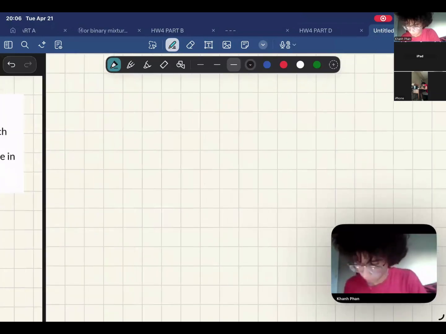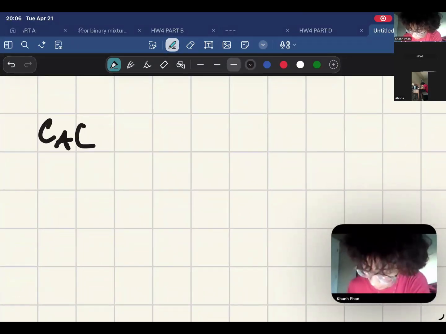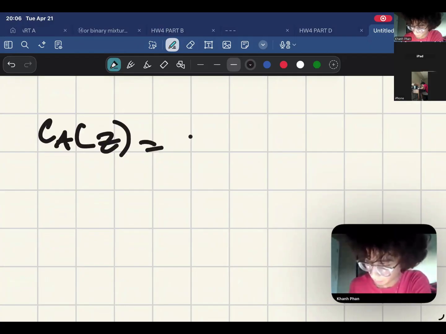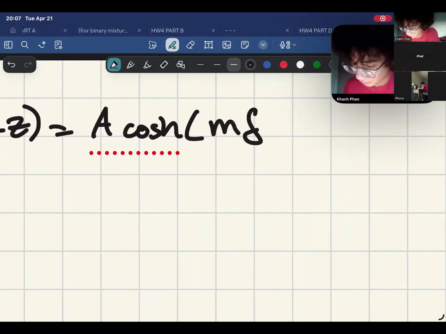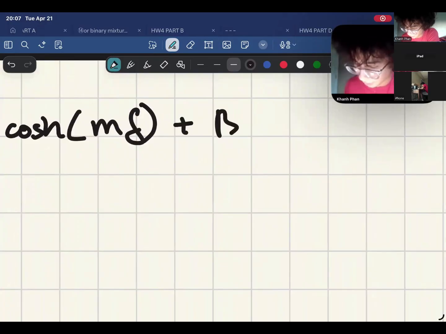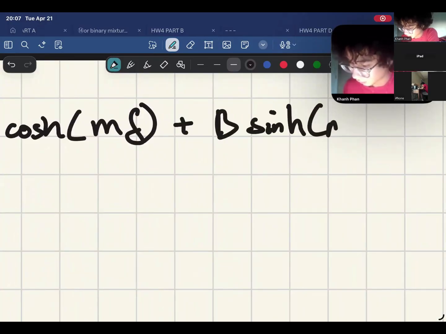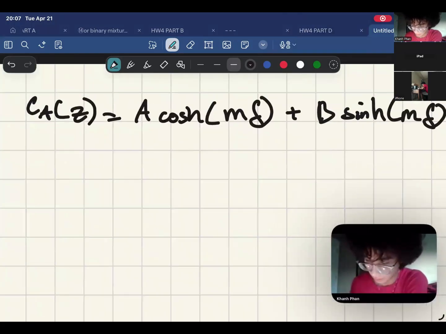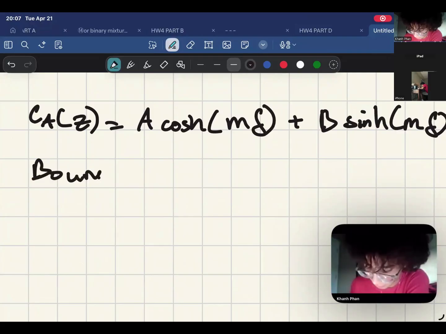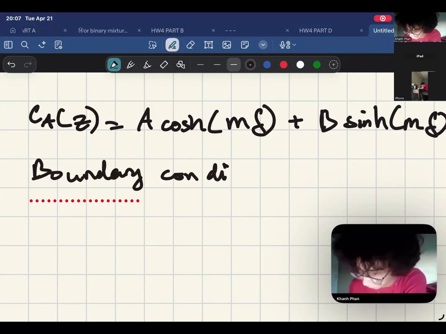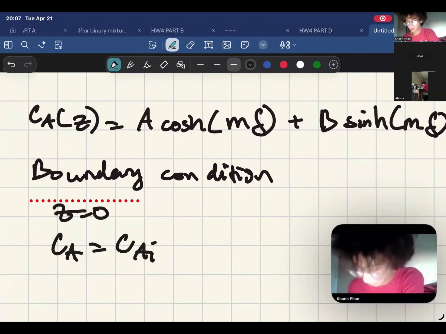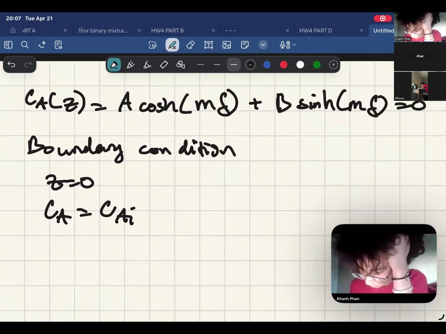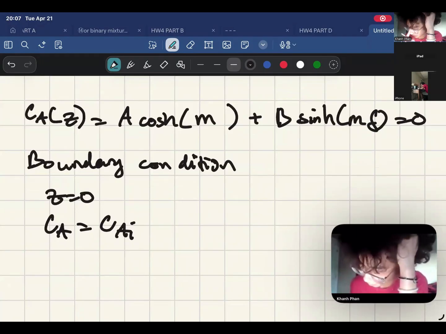Moving on, the general solution is CA at distance z equal to A hyperbolic cosine of mz plus B hyperbolic sine of mz. Sorry guys, I made a mistake here; it's supposed to be cosine mz instead of m theta.